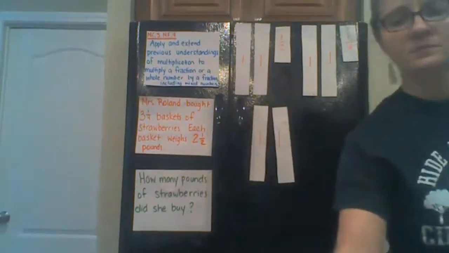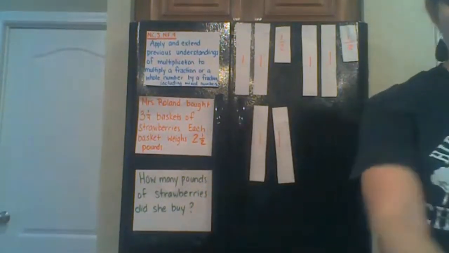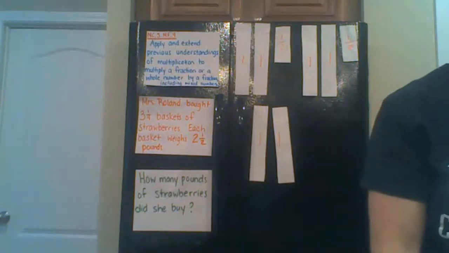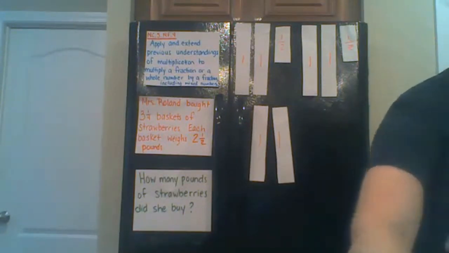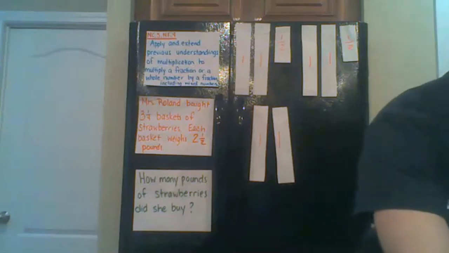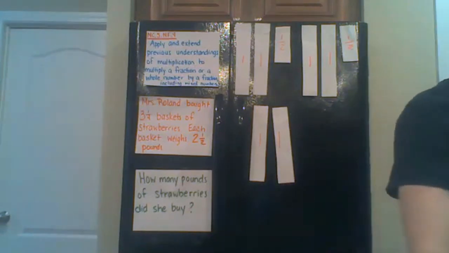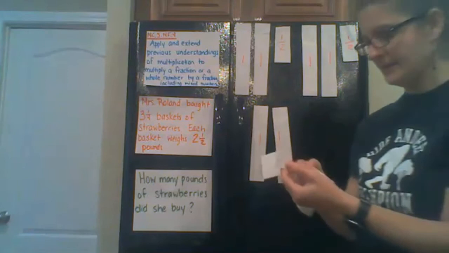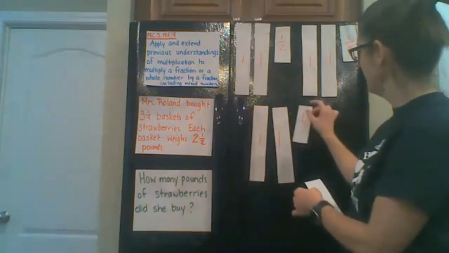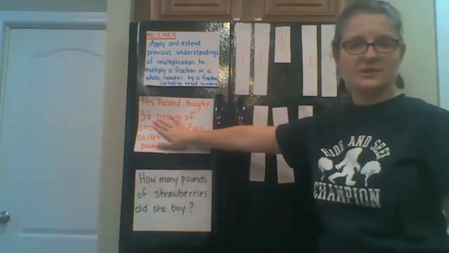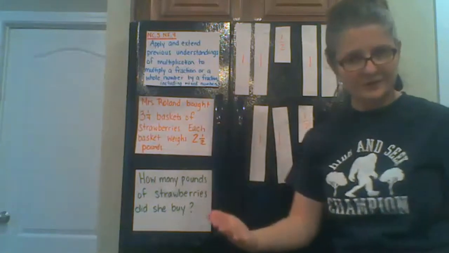Now, remember just a second ago, I told you that when I'm looking at problems like this, I like to go ahead and make what another whole basket would look like and then cut it into fourths, okay?